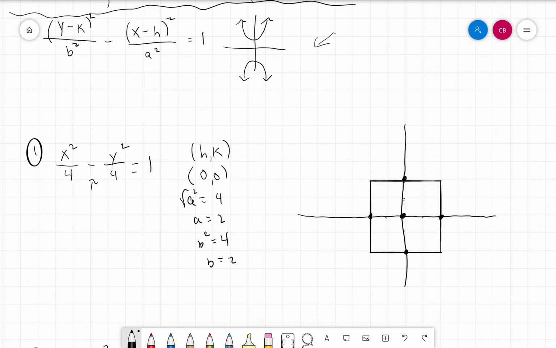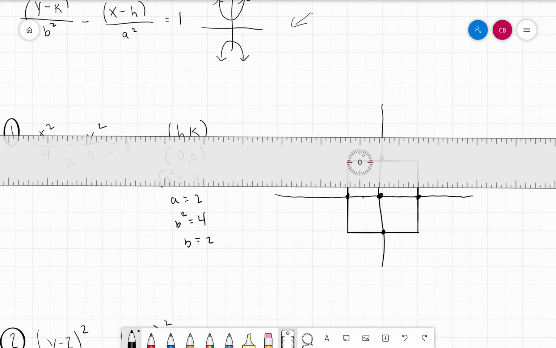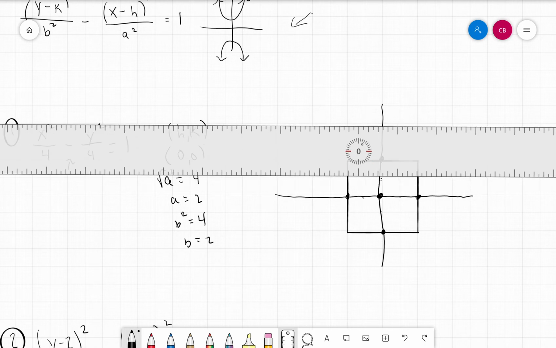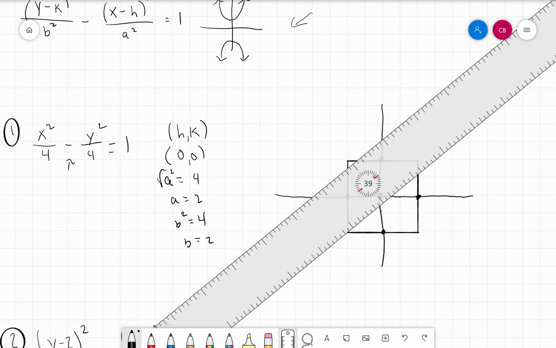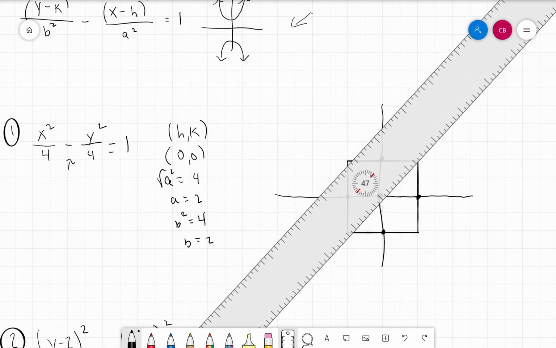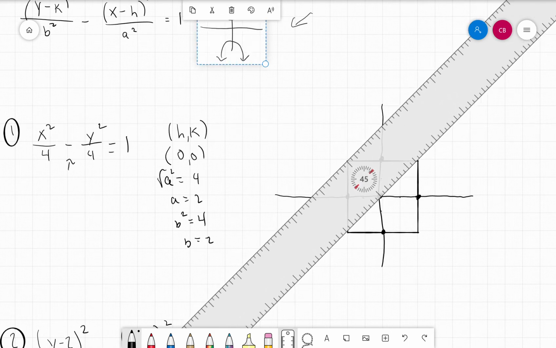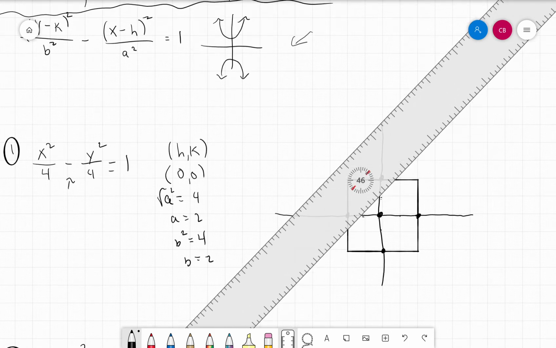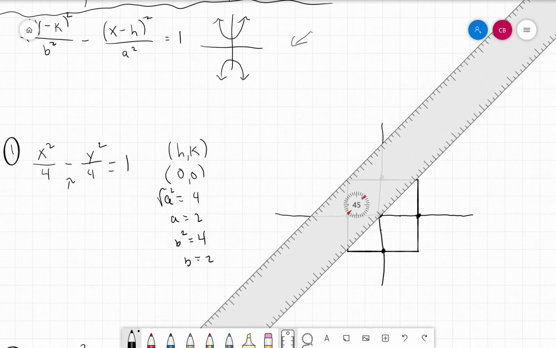Okay, so now that we've got this square, what happens with a hyperbola is this square tells us where the asymptotes should be drawn. So if we use a ruler, I'm going to do my best here to match that corner up. So we've got that.